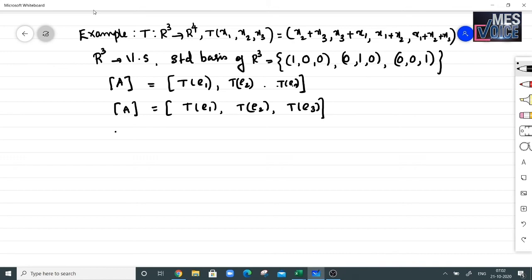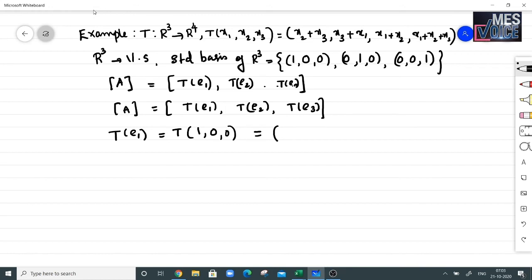Now we are going to find out what is T of E1. That is equal to T of (1, 0, 0). This is defined as T of (x1, x2, x3) is defined as (x2 plus x3, x3 plus x1, x1 plus x2, x1 plus x2 plus x3).